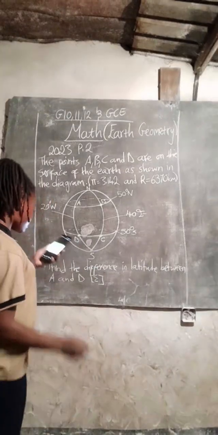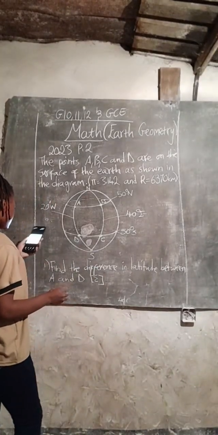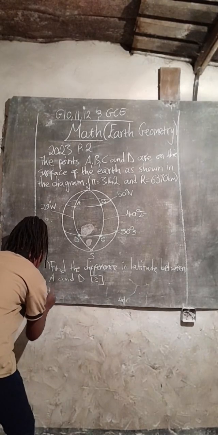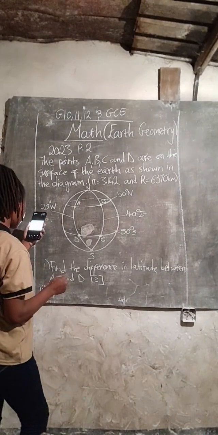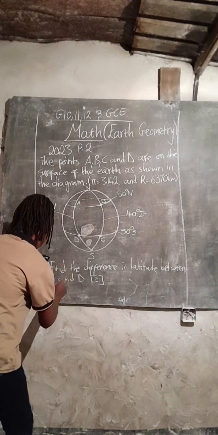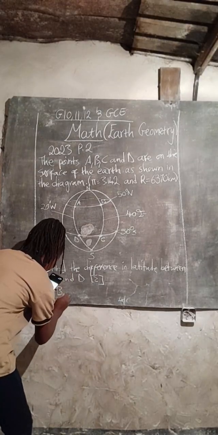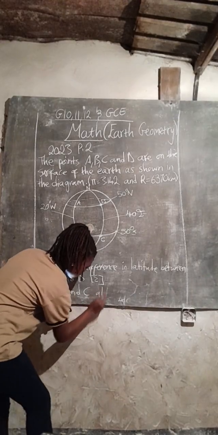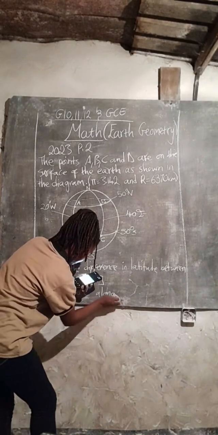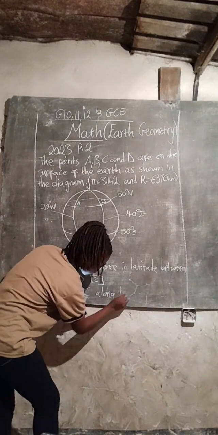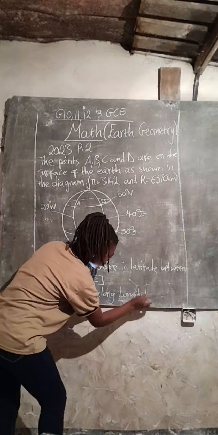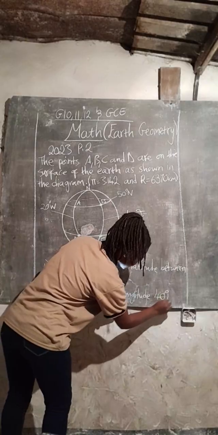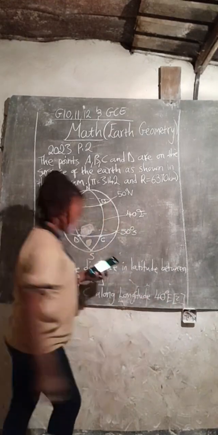Then the one I'm interested in now, 2B: calculate the distance between B and C along longitude 40 degrees east, 2 marks.